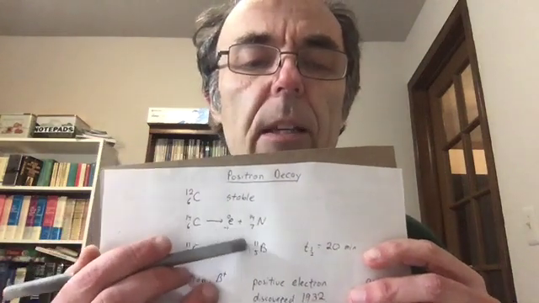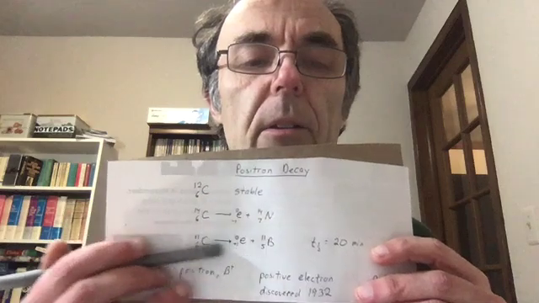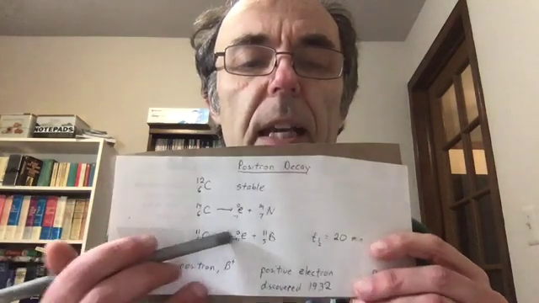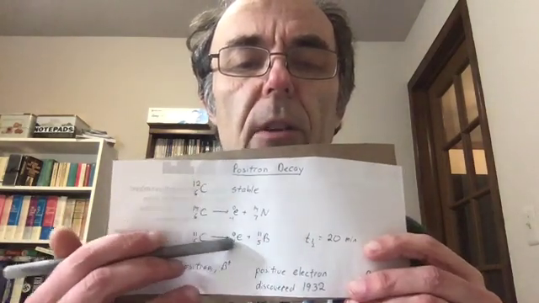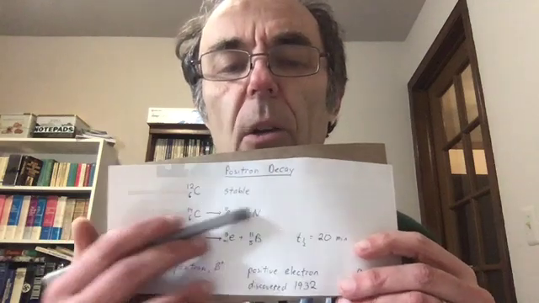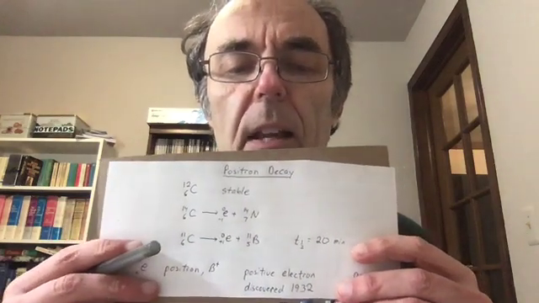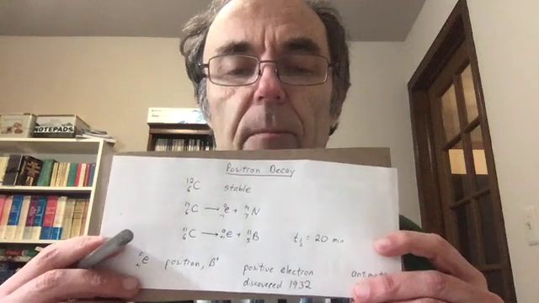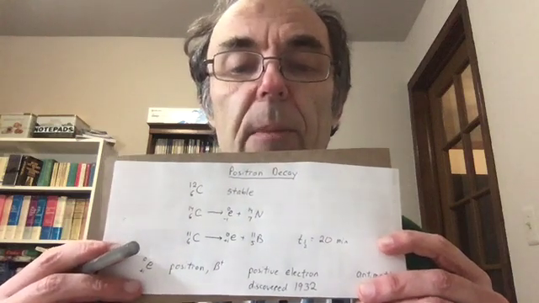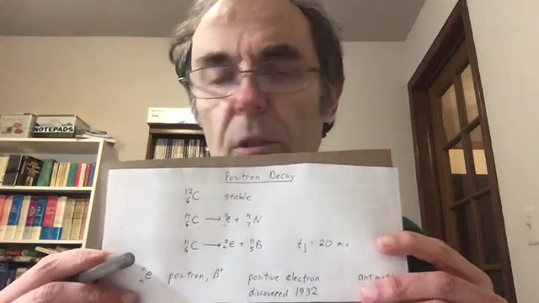So what happens here is carbon-11 decays by positron decay, shoots out a positron, which will then go interact with an electron and give off photons. Half-life for this is about 20 minutes. So this is also used in medical imaging.